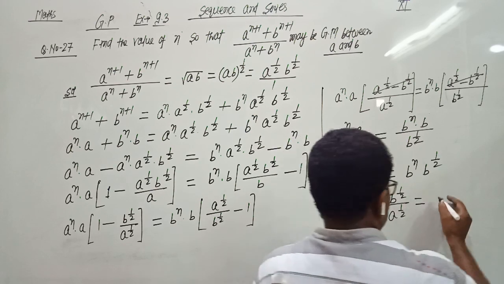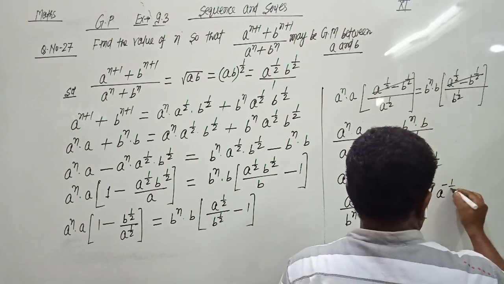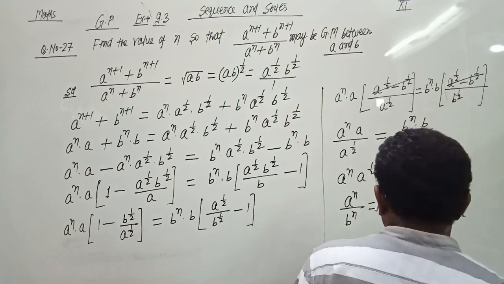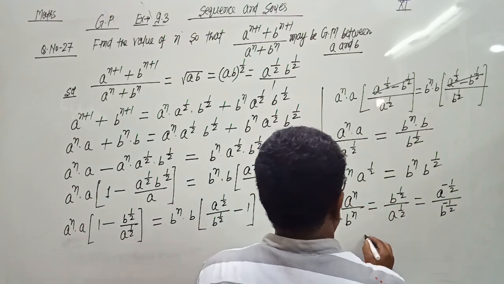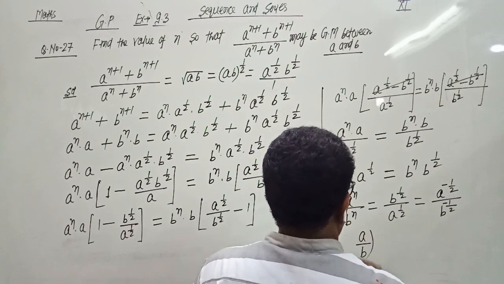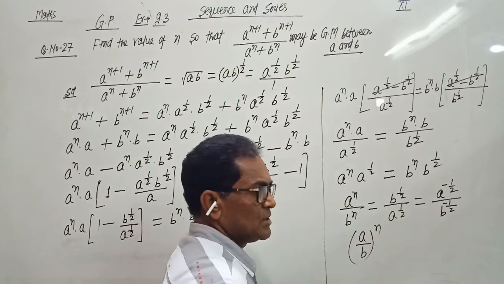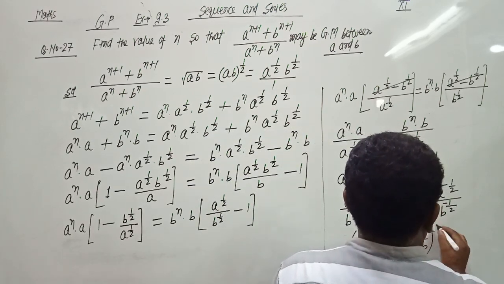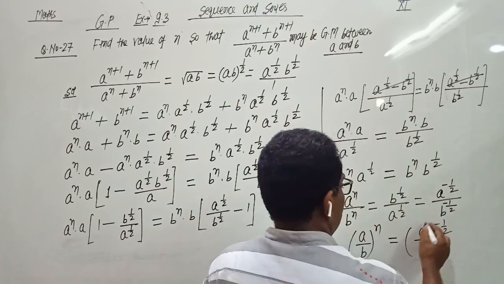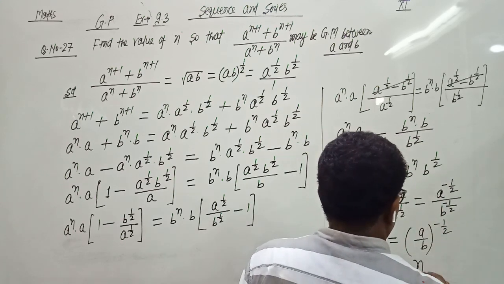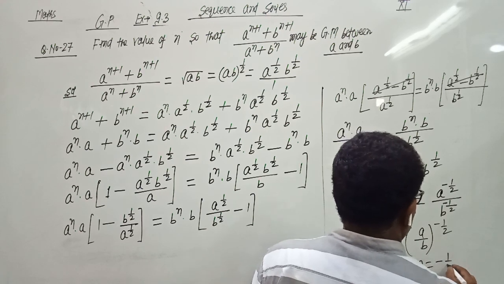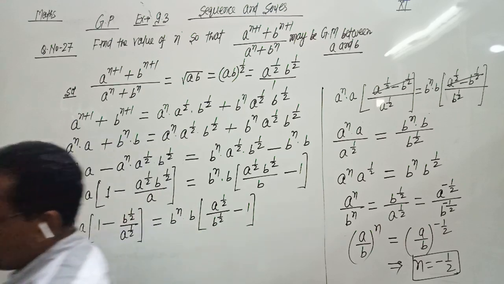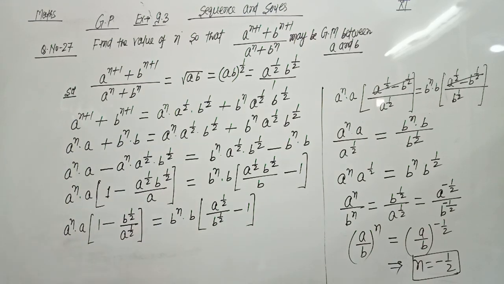Means this term also can be written as a raised to the power minus 1/2 upon b raised to the power minus 1/2. And both the terms would be written in a single power n: (a/b) raised to the power n equals (a/b) raised to the power minus 1/2. From both sides a by b gets cancelled and the value of n comes to be minus 1/2. So the result is the value of n is minus 1/2.